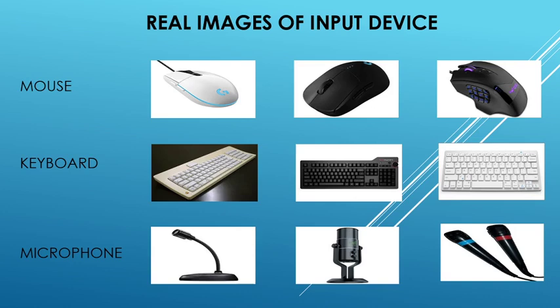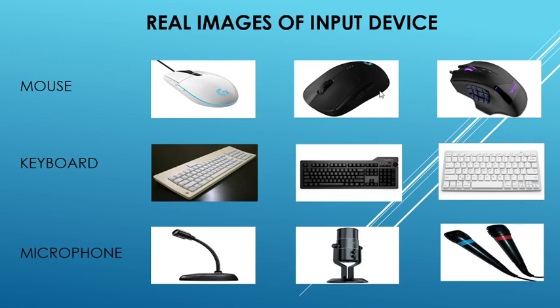I will show you different type of input device, that how it looks actually with a real image. See, there are different type of input devices. How many types of mouse are there? This is called a wired mouse. See, there is one wire attached to this particular mouse. It is called wired mouse. And the second figure, you will find no wire attached to it.